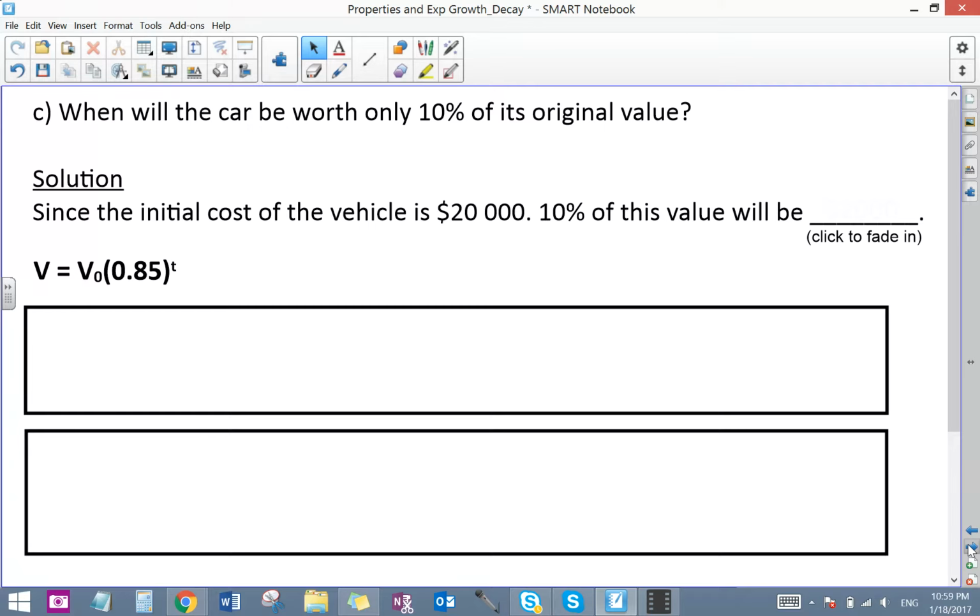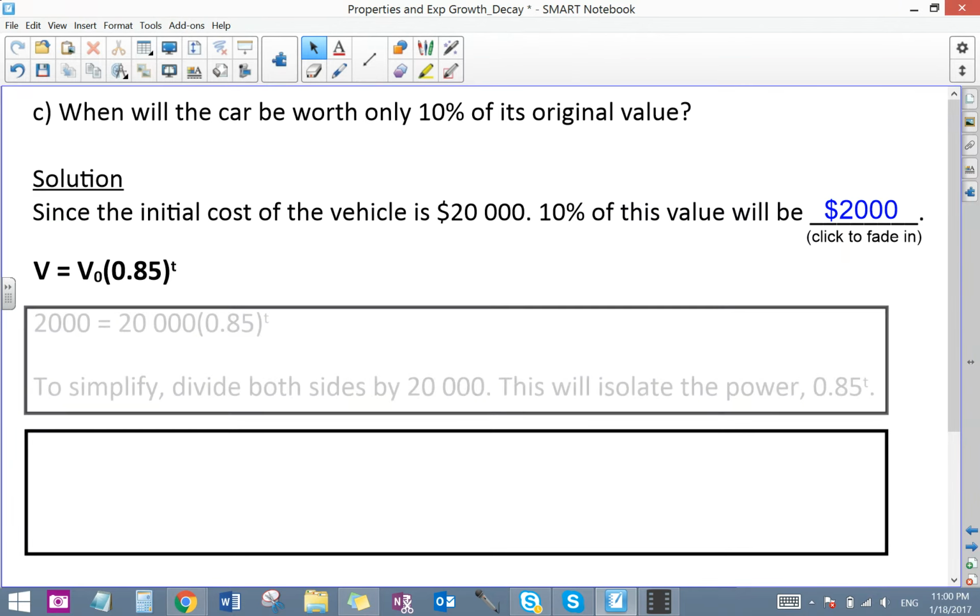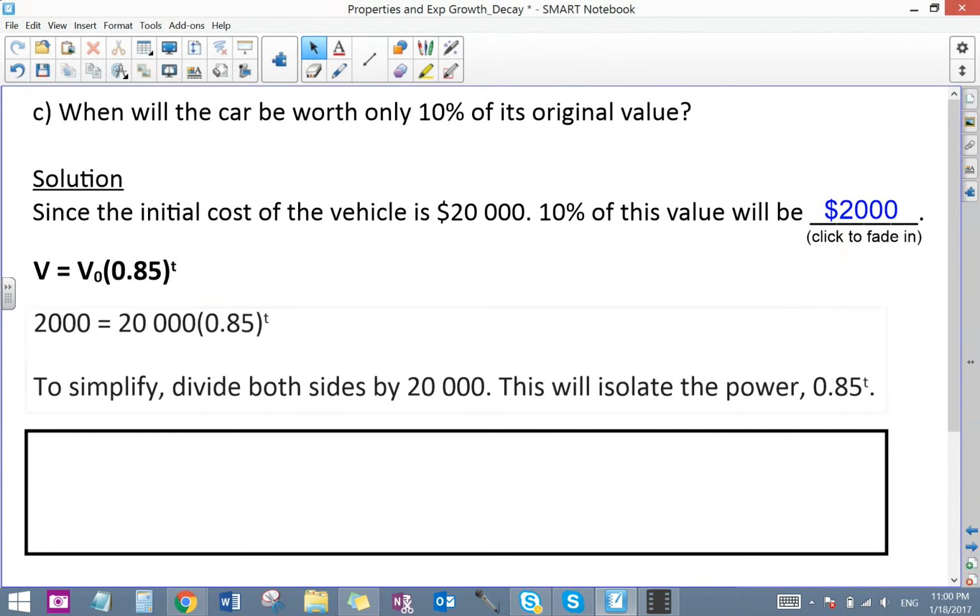So we're being asked when my vehicle will be worth only 10% of its original value. So that is 10% of the original $20,000. Well, if we find 10% of that, that's $2,000. So in this case, the remaining value, or the value of V, is going to be $2,000.